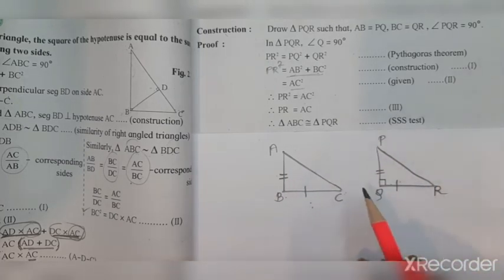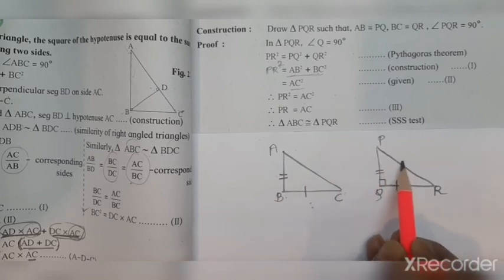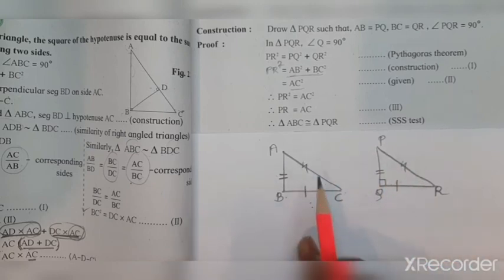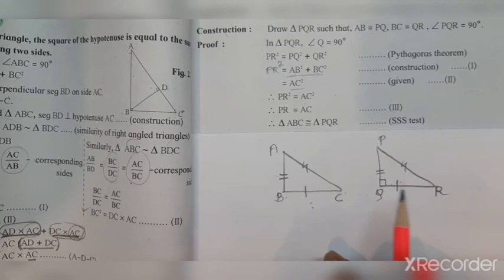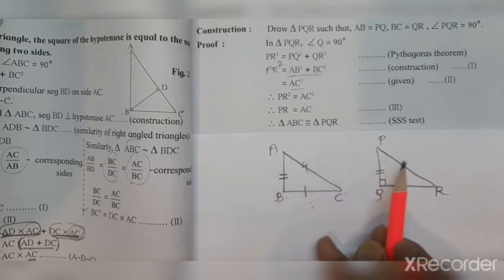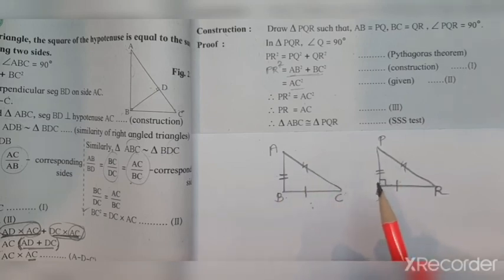Okay. Now if PR is equal to AC, just now what we got, we can prove these two triangles are congruent by SSS test. Triangle ABC is congruent to triangle PQR by SSS test. And we have studied in the 9th standard, when we prove two triangles are congruent, then their angles are also congruent.